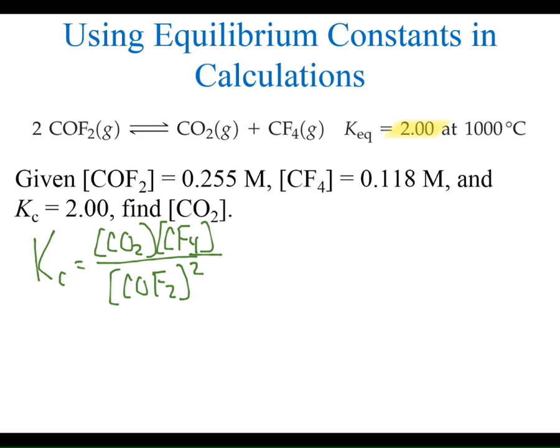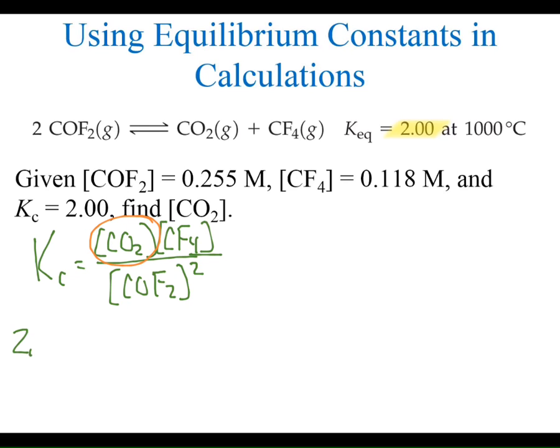Okay, so our mission is to rearrange and solve for CO2. You can either rearrange it first and then plug in, or plug it in first and then solve, whatever is easier for you. Makes no difference. I'll just plug it in first.